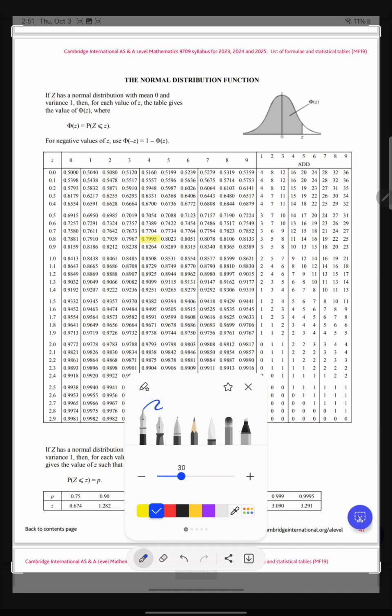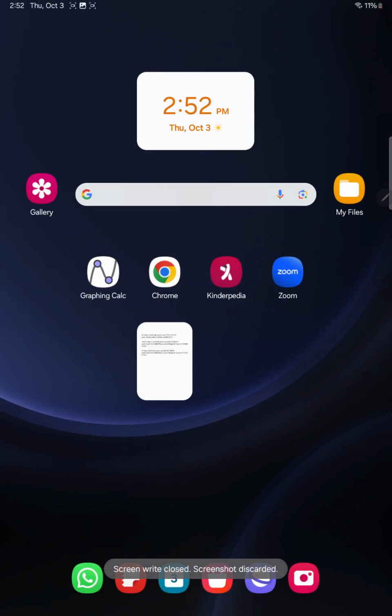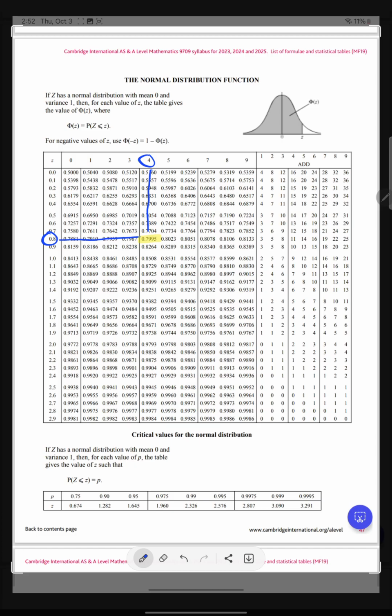Now, how to get 0.8? To begin with, we got 0.7995 by having Z equal to 0.84. You see? So the value of Z will be 0.84.